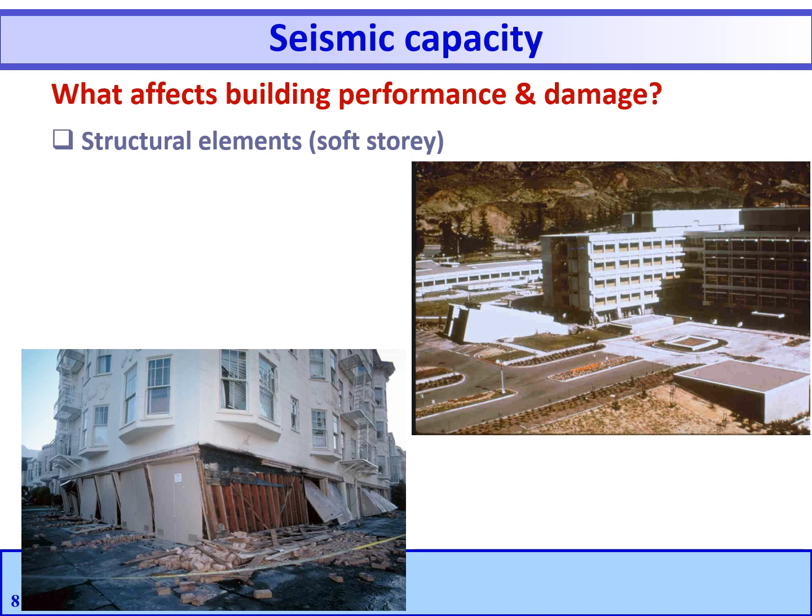So we can see here examples of a partial soft story collapse due to inadequate shear strength at the ground level to the left from the 1989 Loma Prieta earthquake.